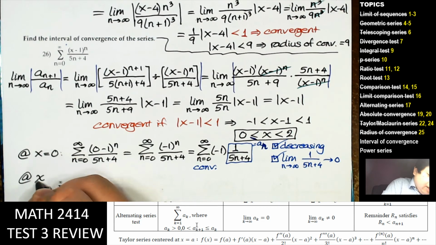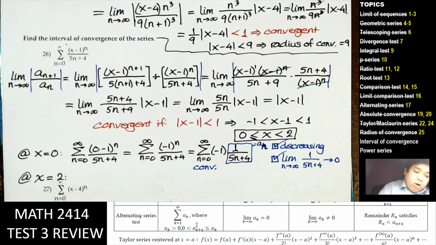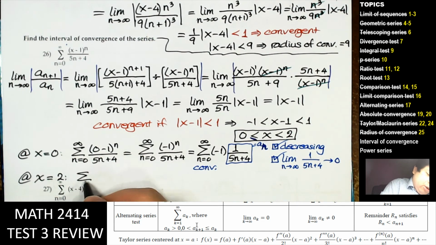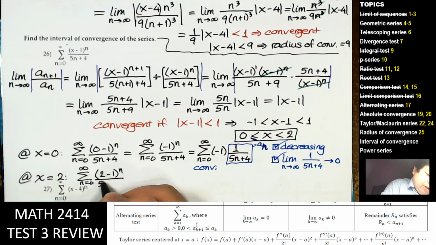Next, what happens at the other endpoint of 2? If we have 2 here, we have the sum from n equal to 0 of 2 minus 1 to the n power over 5n plus 4.